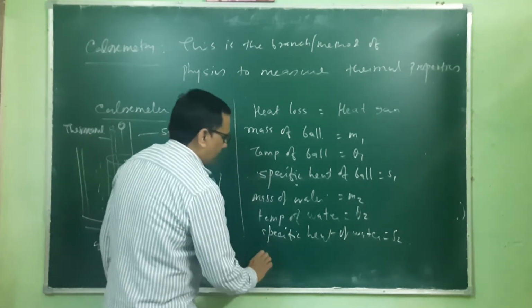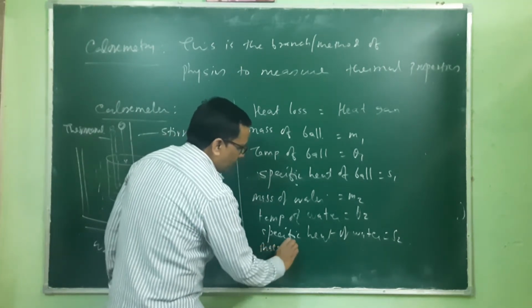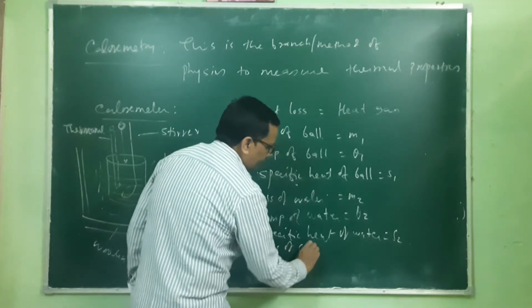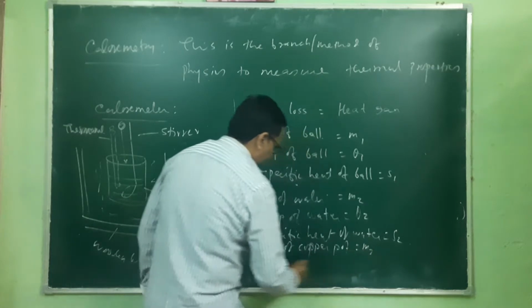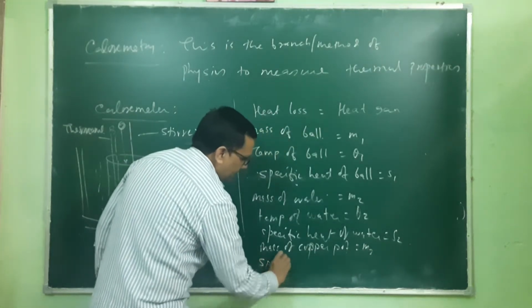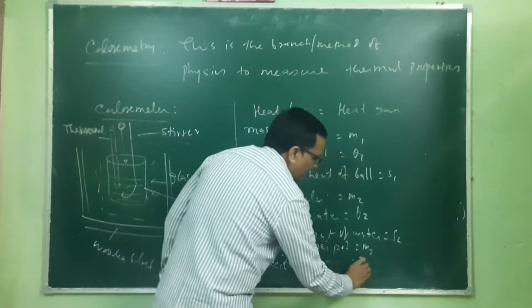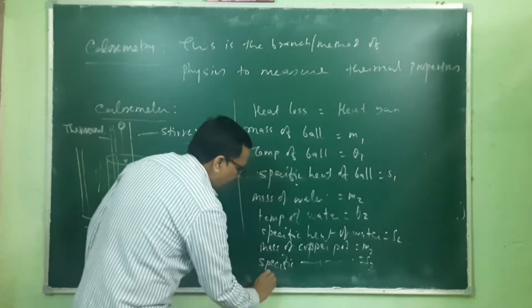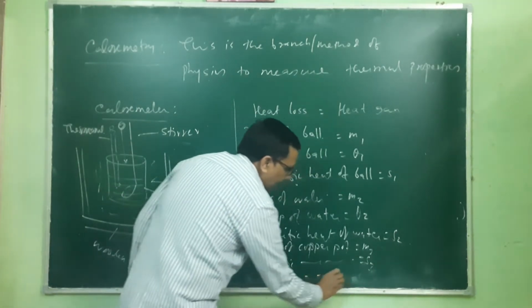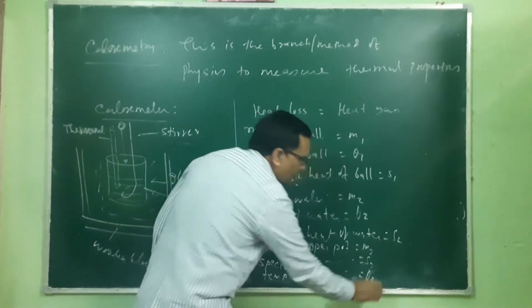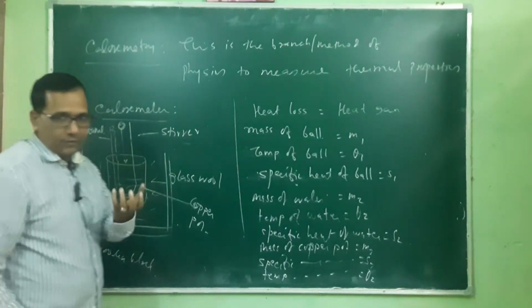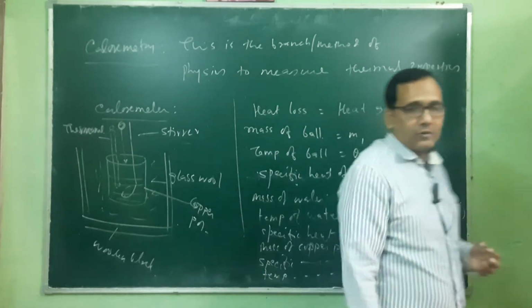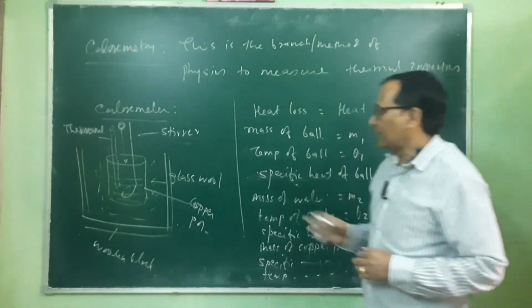The mass of the copper part is M3, and the specific heat of this copper part is S3. The temperature will be the same as water, theta2, because this is one conductive part and the water is in this part. So the temperature of the water as well as the copper part will be identical.